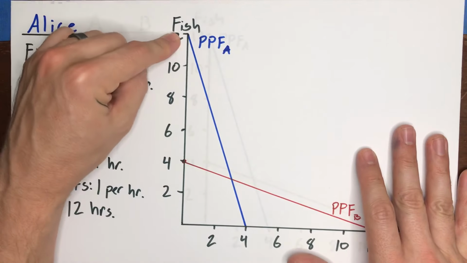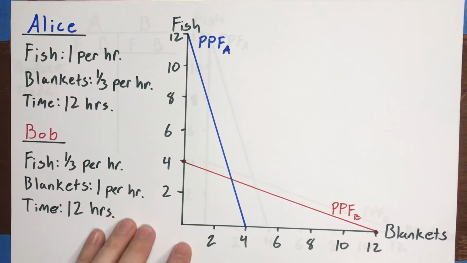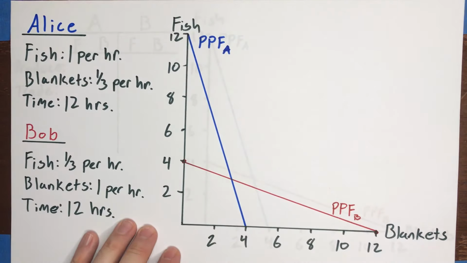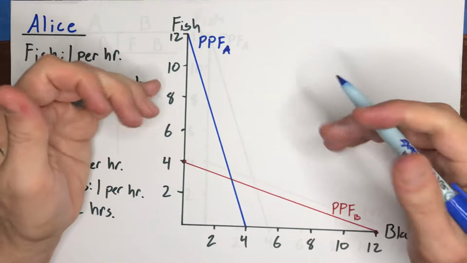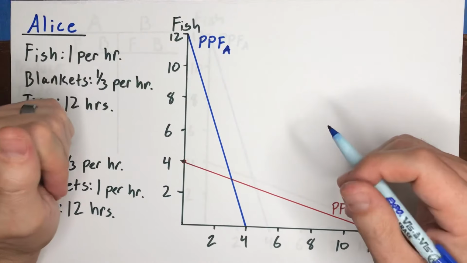Alice is clearly a lot better at catching fish than Bob is, so she should be the one catching fish. Bob is clearly much better at weaving blankets than Alice is, and so he should be the one weaving blankets. This is a situation where each of the 2 parties has what we call an absolute advantage. An absolute advantage means that you can produce more of something than your trading partner can.